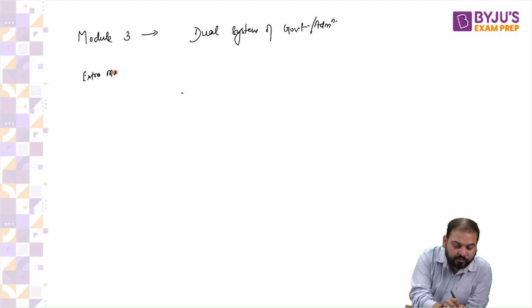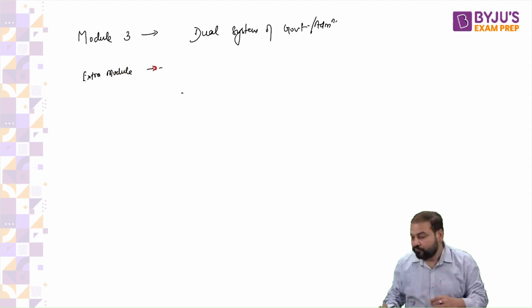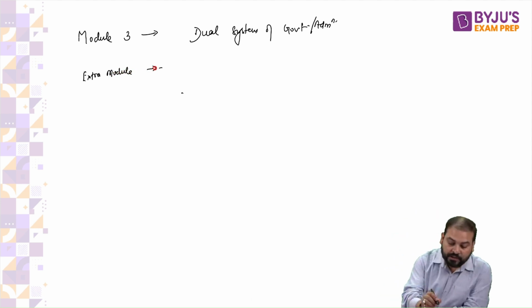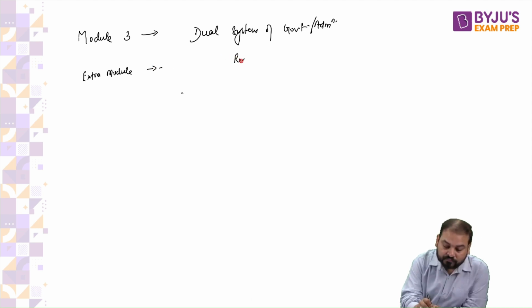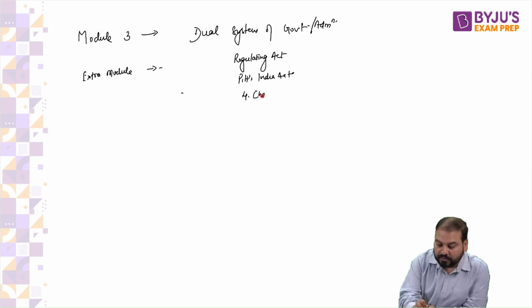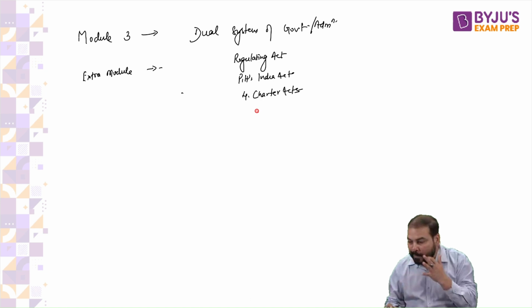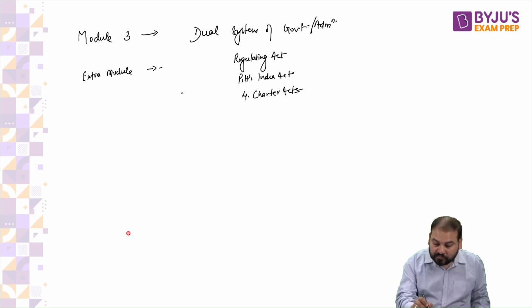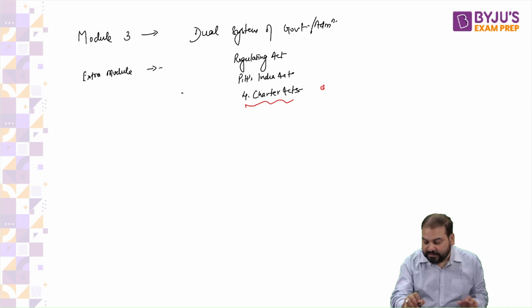as an extra module, which we are doing today, the things that we are covering today, we shall look into Regulating Act, Pitt's India Act, some important points of the Charter Acts, everyone, the Charter Acts we have studied in 5th and 6th module.